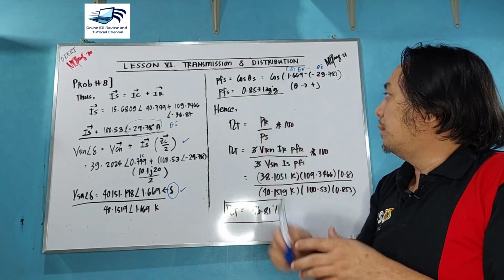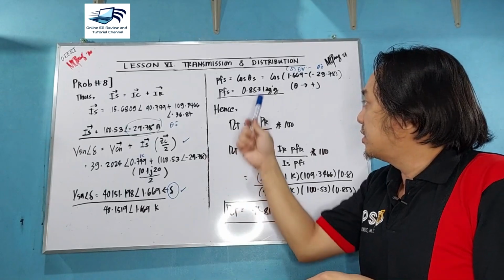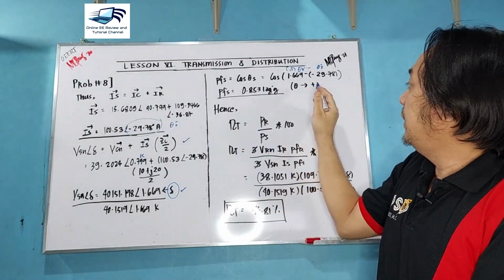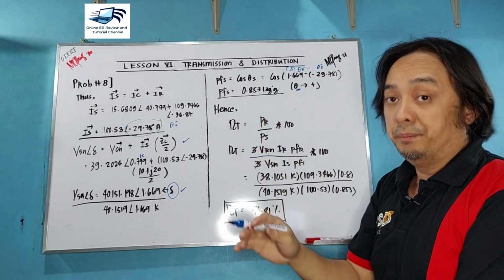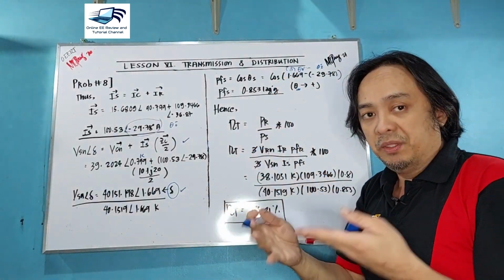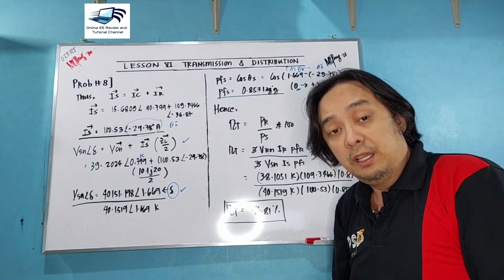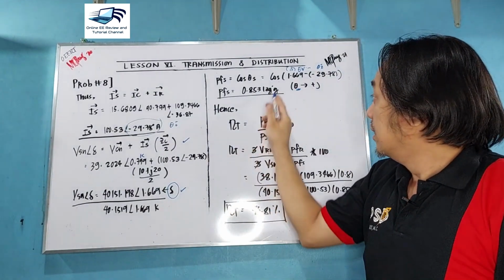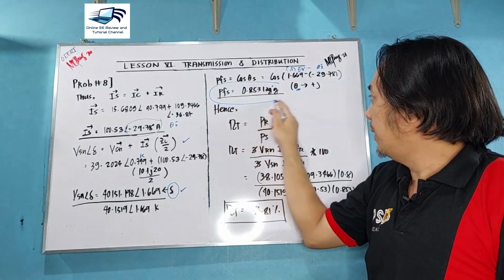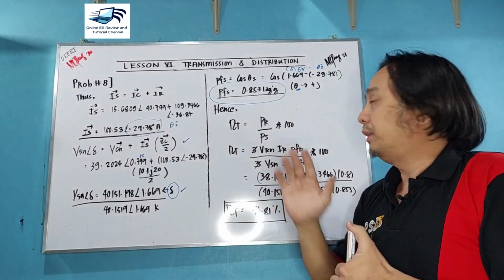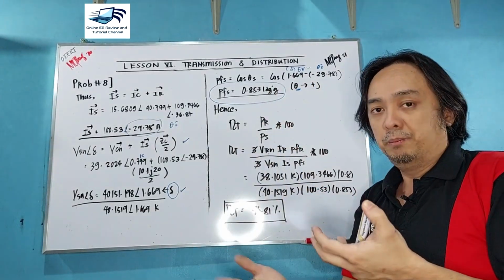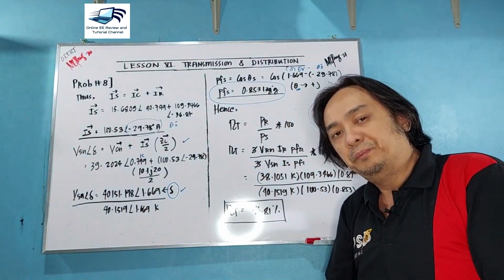And thus, if you do a little bit of math here, the answer is 0.853. Now, it will become lagging because your theta is positive. But if this theta is negative, definitely the angle is in a leading condition. You can use the free body diagram if you want, but by analysis, if that is positive, that is in terms of lagging condition.